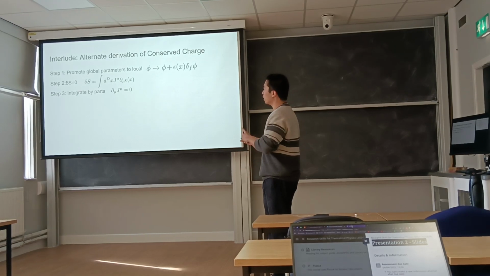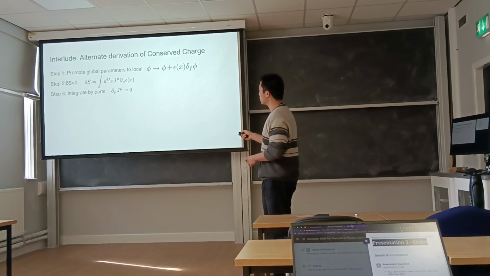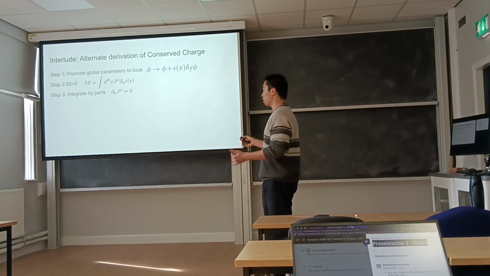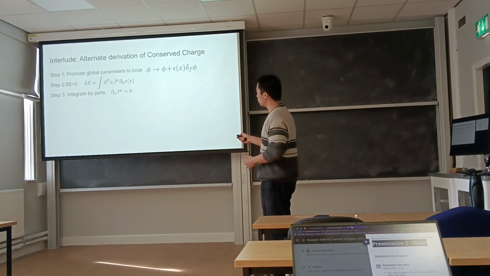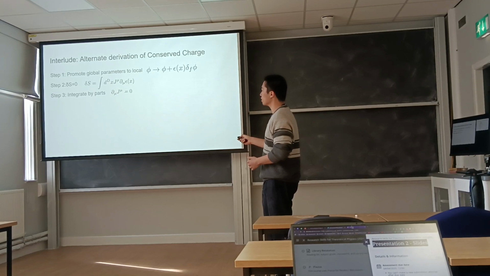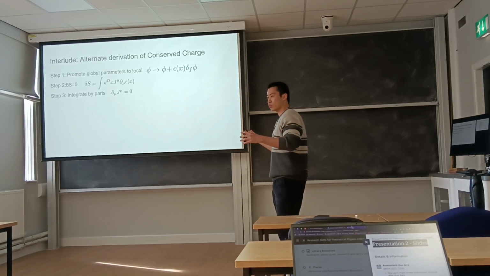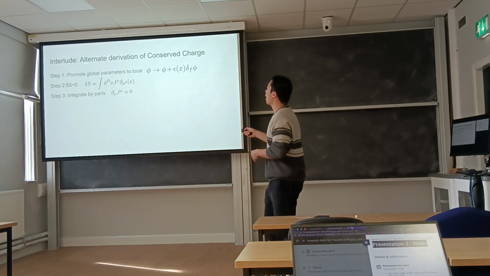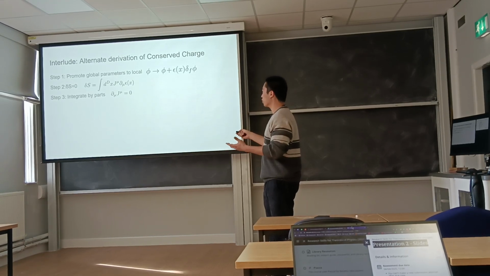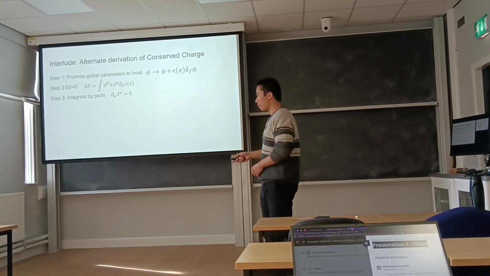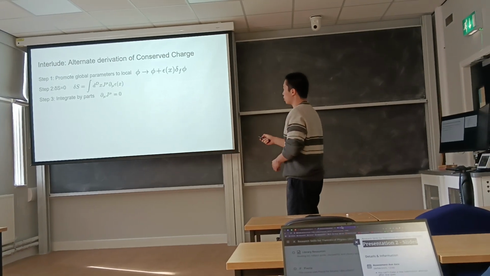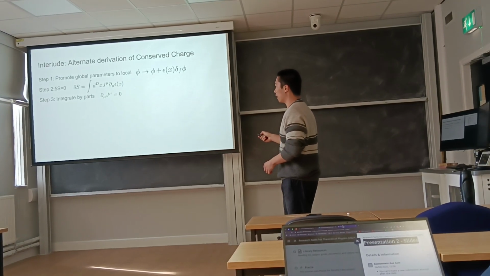So now, if we integrate by parts, because this parameter can be anything as long as it's infinitesimal, this partial derivative hits this j mu, whatever it is, which I say here is going to be exactly what we had before. And this is the expression that we need to remember for generalization later.